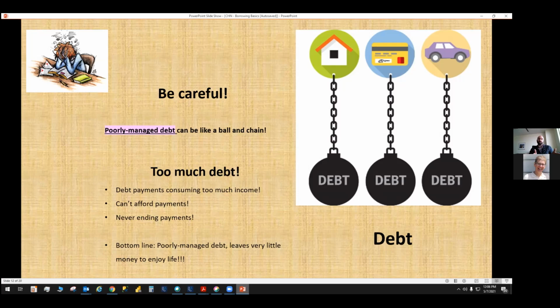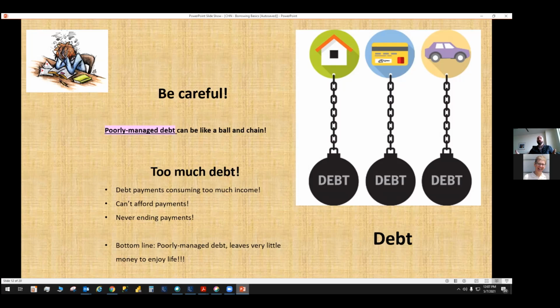Because once one loan is paid off, I no longer have that debt payment. I will then be freed up within my budget to take on a new debt payment for the next thing that I want. So I think very carefully before I borrow money, and I try to space out my purchases in a way that will make sense.